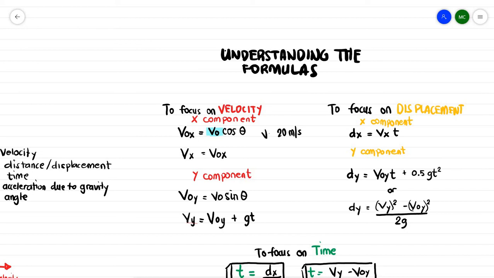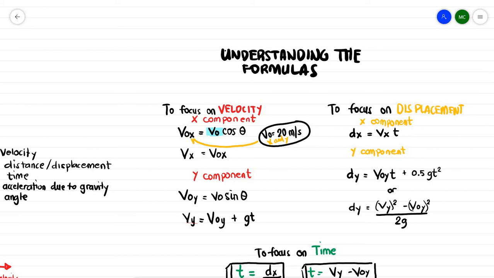This is your v sub o in a sample problem. That's just an example. Remember that our v sub o is a combination of, again, x and y.